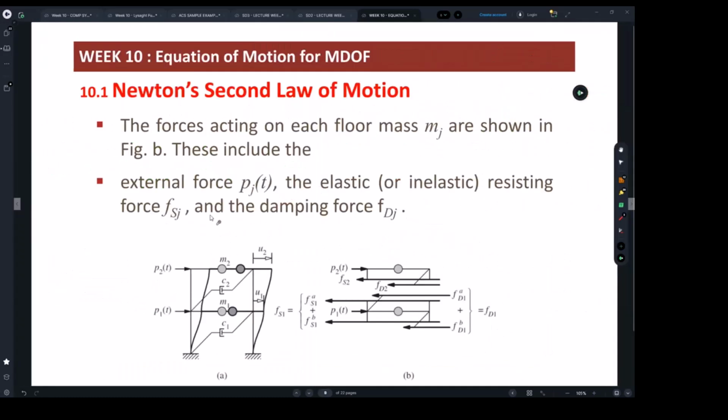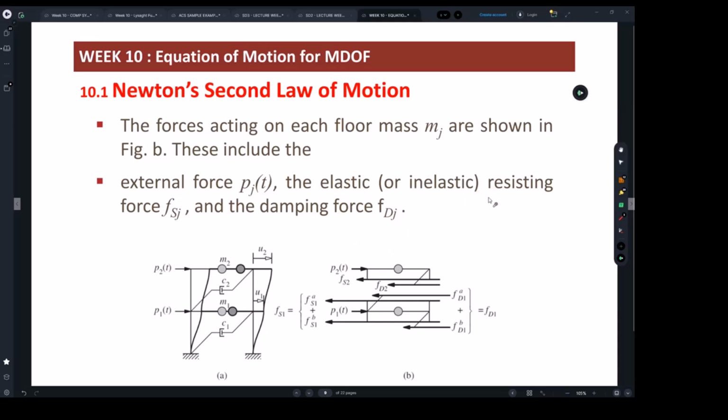And here they are defining again what I've already defined. PJ means it's either P1 or P2, and this is the elastic resistance, which is represented by Fs level 1 or level 2, and same thing for damping, Fd level 1 or level 2.